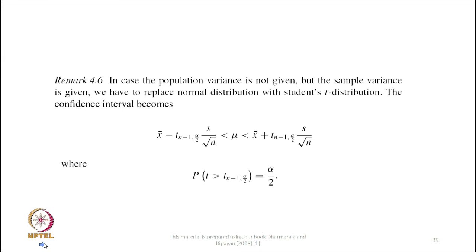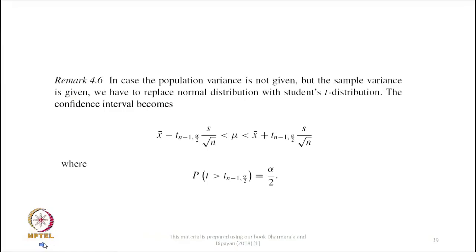Instead of the standard normal distribution, you have to use the t distribution with n minus 1 degrees of freedom to conclude. That means now we are giving a confidence interval for the unknown parameter mu, when both mu as well as sigma square are unknown. Therefore, sigma square is replaced by s square, that is the sample variance.